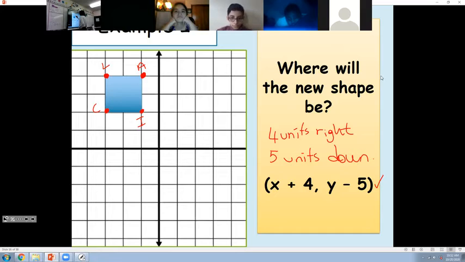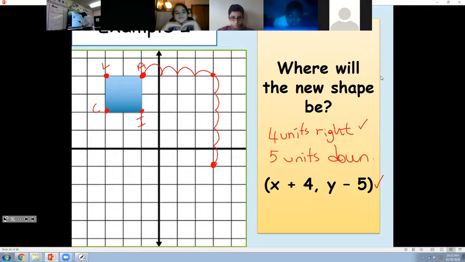This is 0. When you start counting, the first one is 0. I didn't take any step yet. I will take my first step. 1, 2, 3, 4. You said 4 units right. Okay, this is done. And now 5 units down. Now I am here. This is 0 now. This is the first step. You see that? 2, 3, 4, 5.